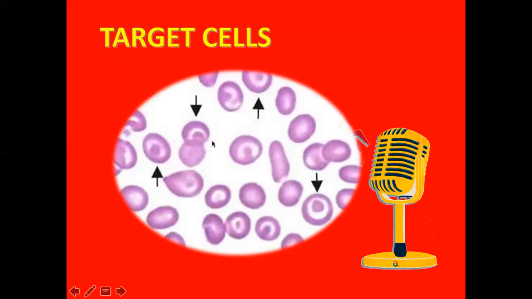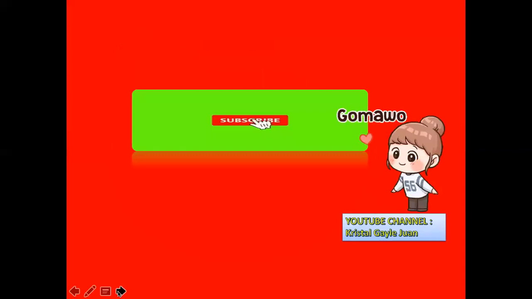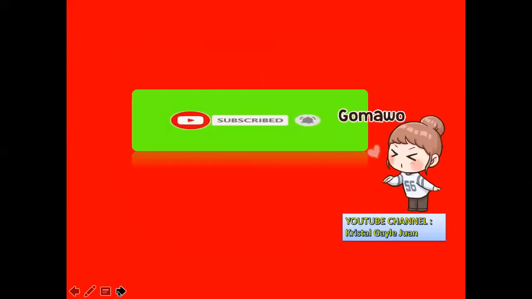And in target cells, there is also an excess surface area to volume ratio. Okay, so that's it for the examples of poikilocytes that are secondary to membrane abnormalities. And there is also a continuation of this video entitled Poikilocytes that are secondary to trauma.